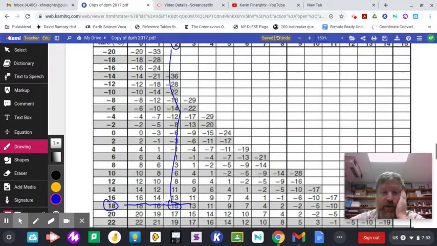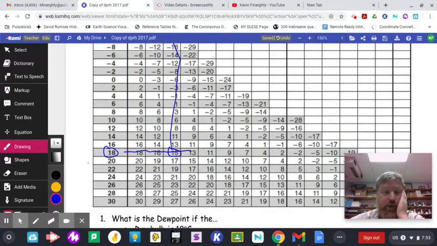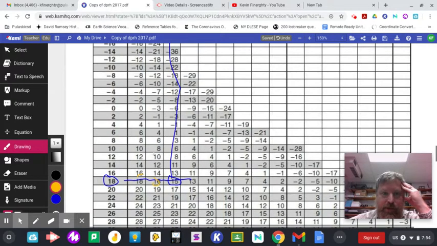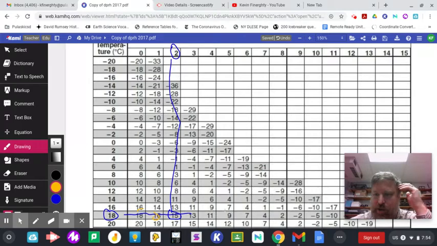But if I were to say, well, 18 with a depression of 2, here's what people, and again, trust me on my experience of having a decade's worth of students try this. People say, oh, the wet bulb's 2, 1, 2, answer 16, because they forget that there's a 0 up there. So that's why I think circling and drawing lines, at least until you really got this down, is the way to go.